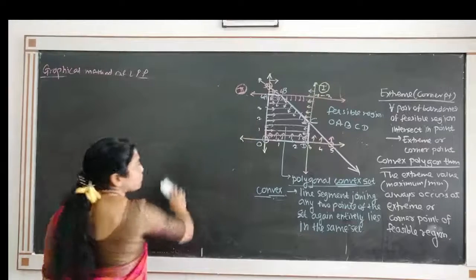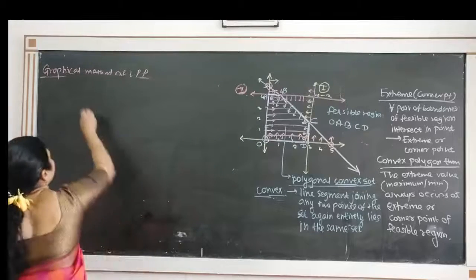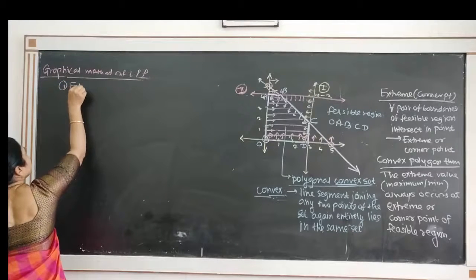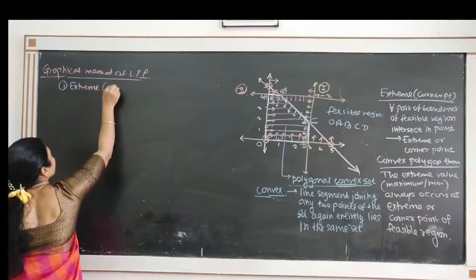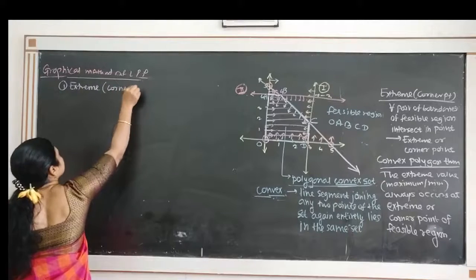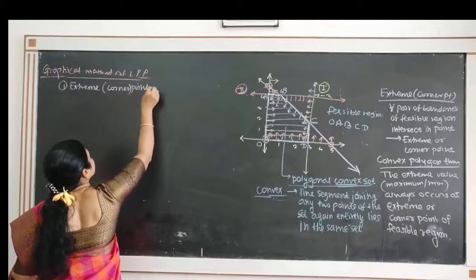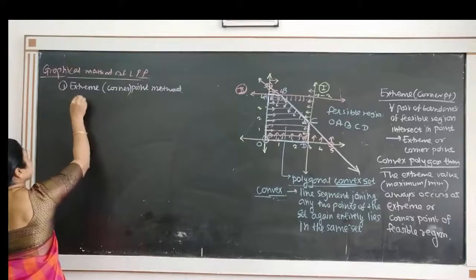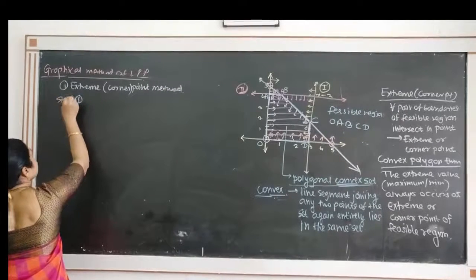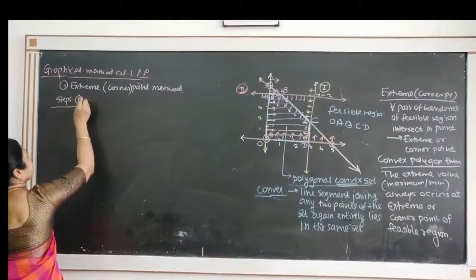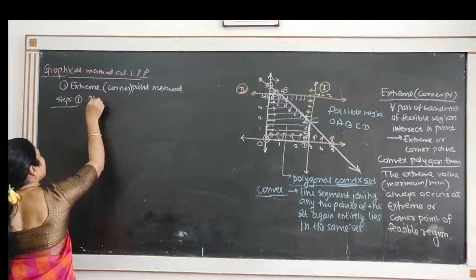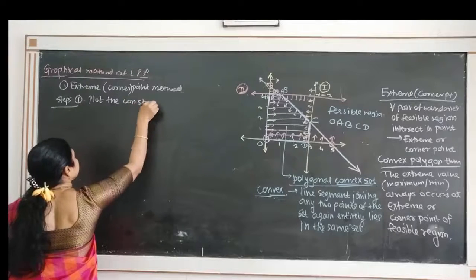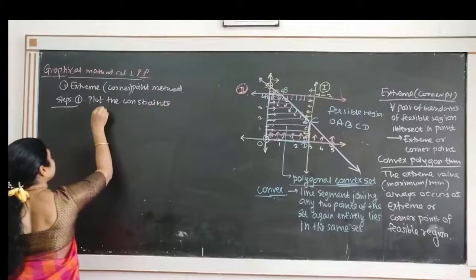So what are the steps for this graphical method, which depends on the first method, that is the extreme or corner point method. The first step is to plot the constraints on the graph.